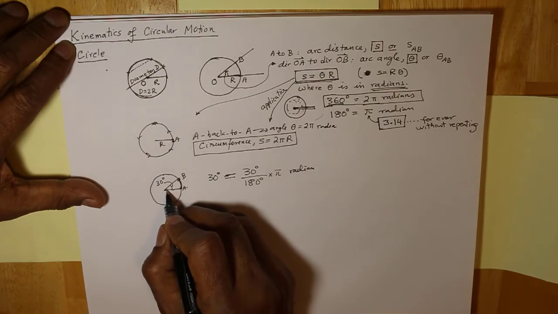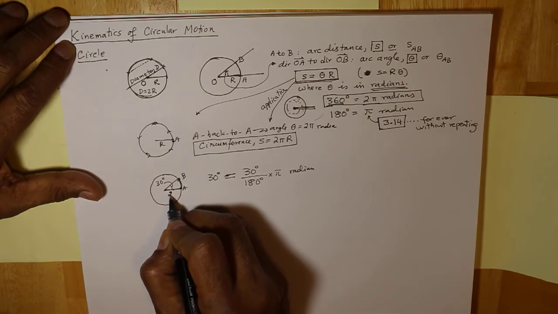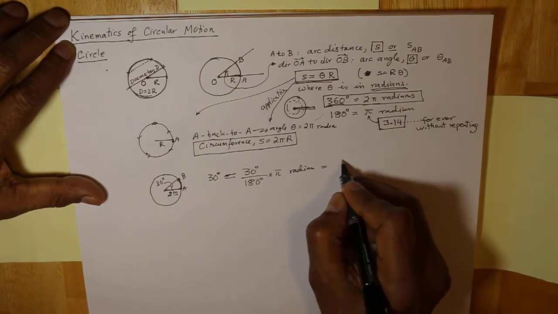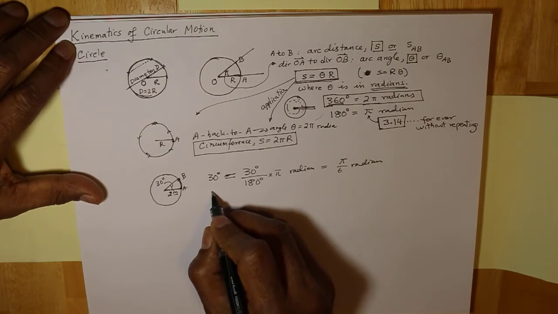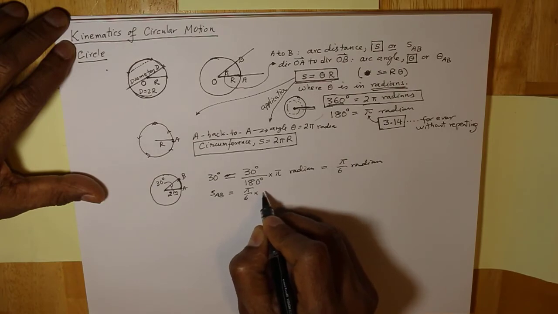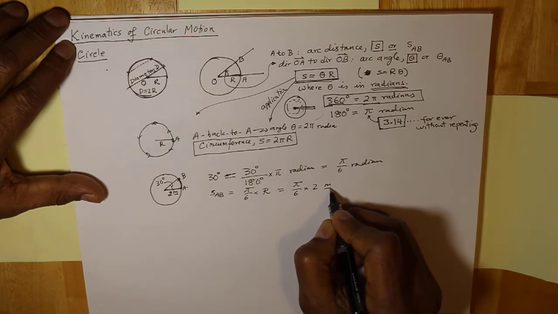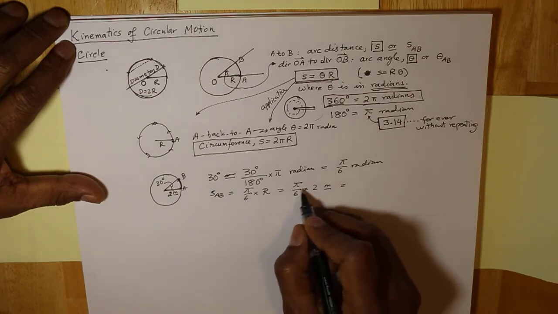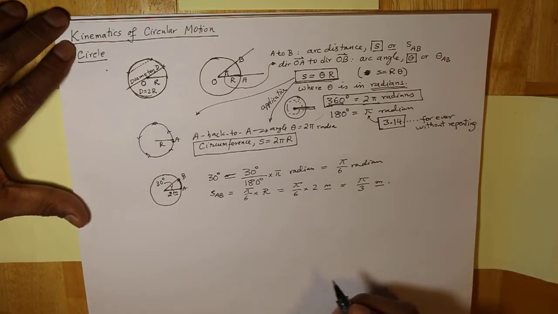Say the radius was 2 meters, then you can see that this one is pi over 6 radians. So the distance S_AB will be pi over 6 times the radius, which is 2 meter. Radian times meter will be meter itself, and there will be pi over 3 meters.